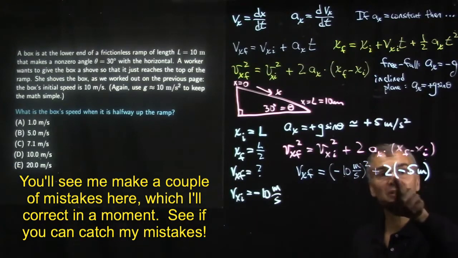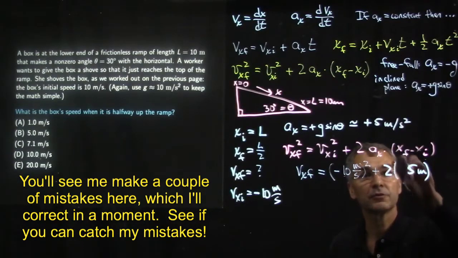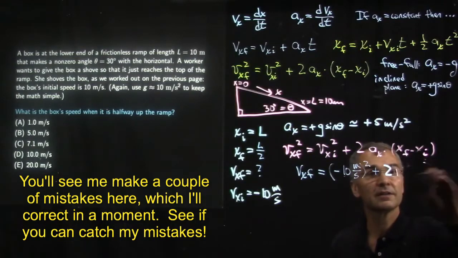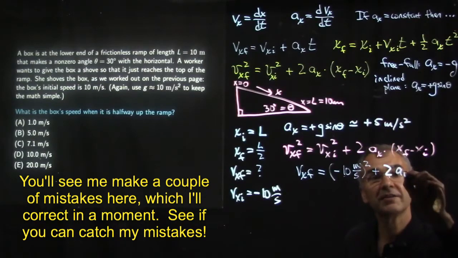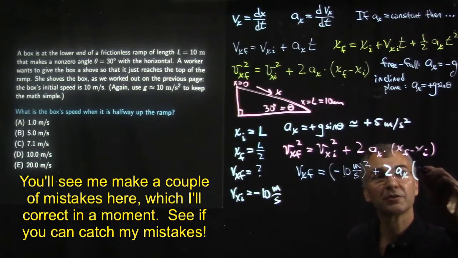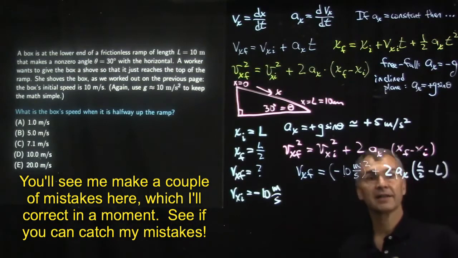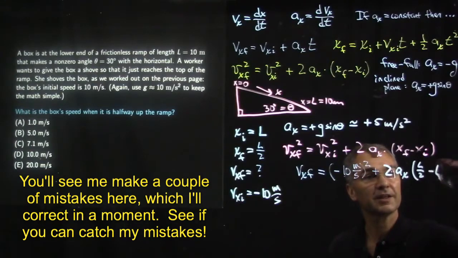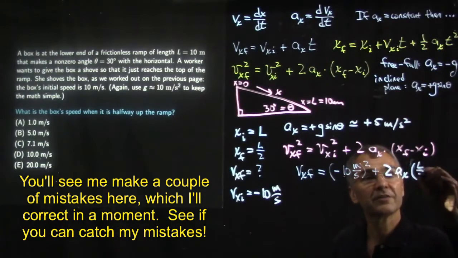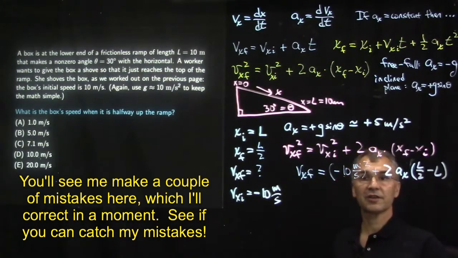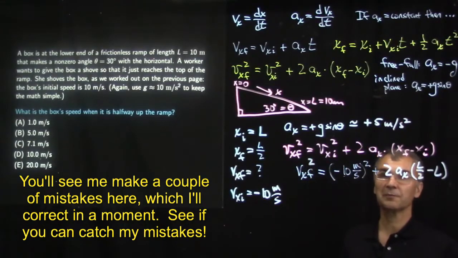I noticed I had the wrong units. So 2 times a sub x times x final, which was L over 2, and x initial is L. I'll leave it that way. X final is L over 2, x initial is L. And oh, this is squared. Ha! That's squared.